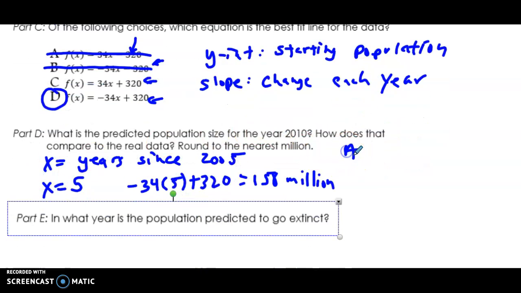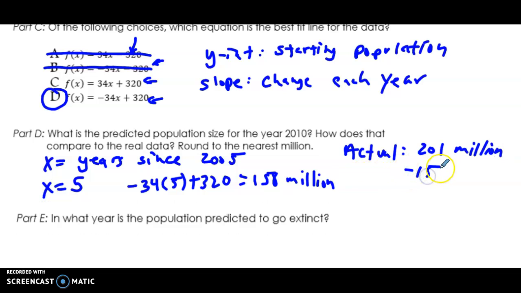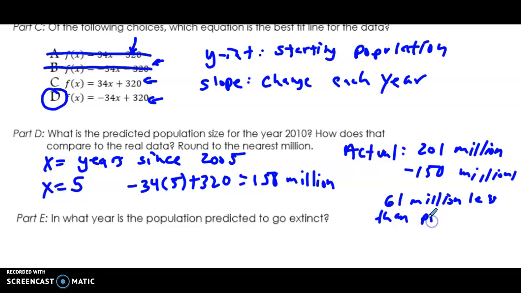So 201 minus the predicted, which was 150 million, is 61 million less than actual. So our prediction was 61 million fewer butterflies than the actual amount. That's terrible handwriting, but it's 61 million butterflies less than the actual number in 2010.